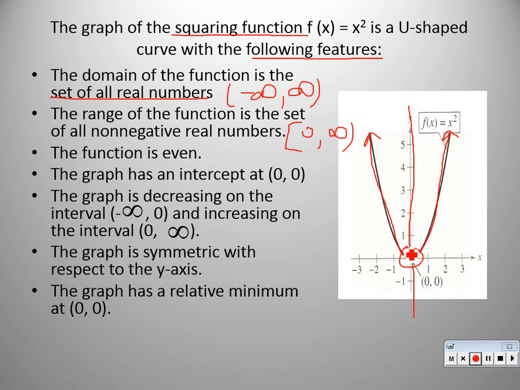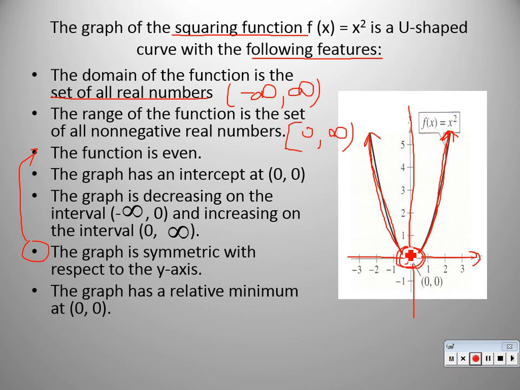The graph is decreasing from negative infinity to 0, so if you look at this piece of the graph here, it's decreasing from negative infinity to 0, and then once it hits 0, it begins to increase, and it increases from 0 to infinity. As we said before, because the function's even, the graph is symmetric with respect to the y-axis, and it has a relative minimum at 0, 0.